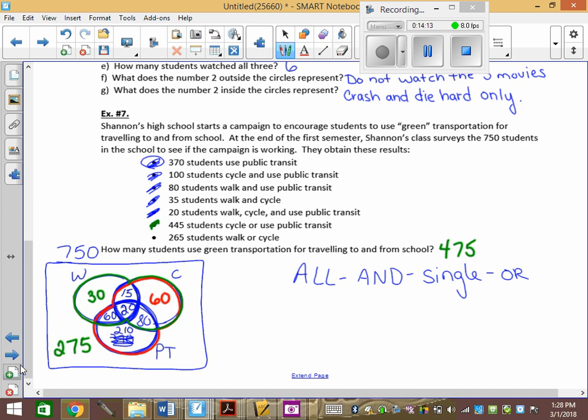How many people walk? 135. How'd you get that? 80, 90. Nope, not 135. 125. Yeah. So this one, right? We'd add up the whole walk circle. We agree? Okay. I'm going to give you some questions.